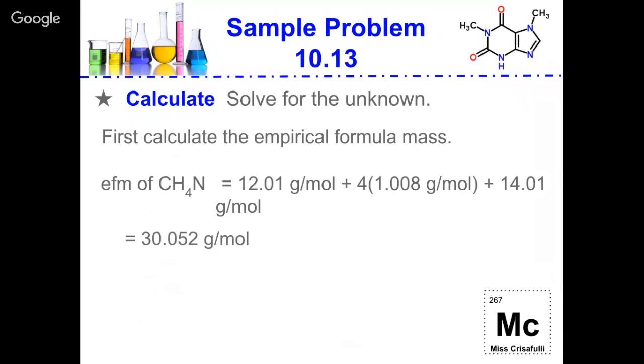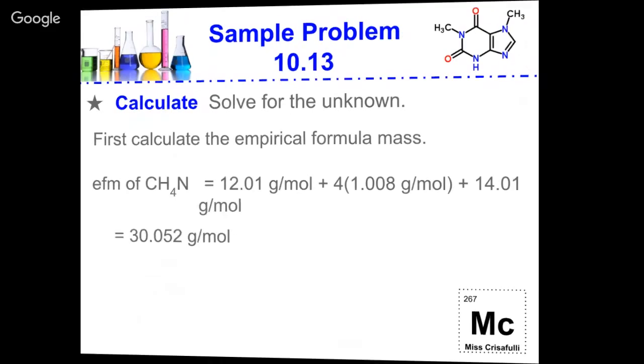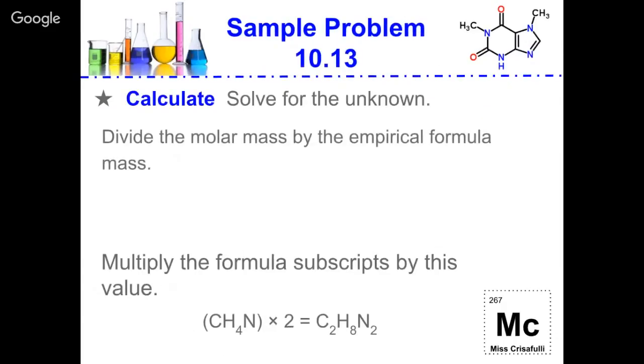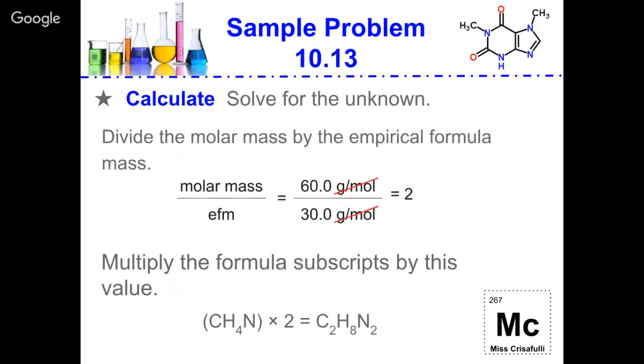When we do that, we get 30.052 grams per mole. Next, what we're going to do is we're going to divide the molar mass by the empirical formula mass. So the molar mass given in the problem was 60. The empirical formula mass was about 30. And when we divide that out, we get 2. So then we're going to take our empirical formula, which was CH4N, and multiply that by 2 and get C2H8N2.